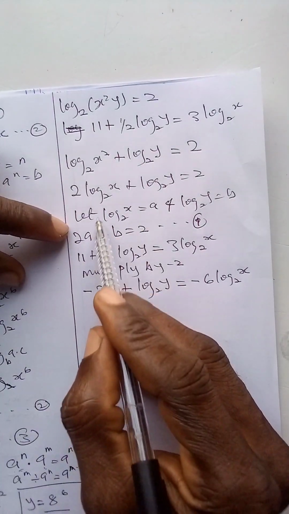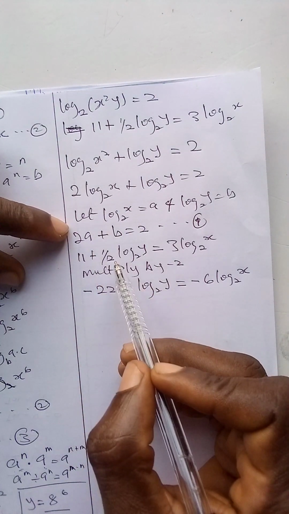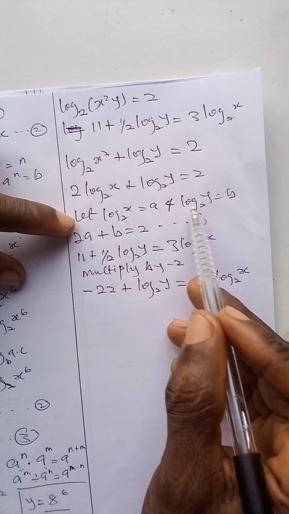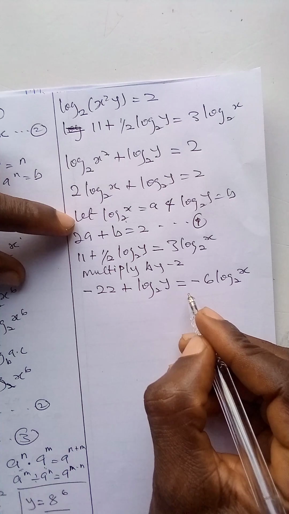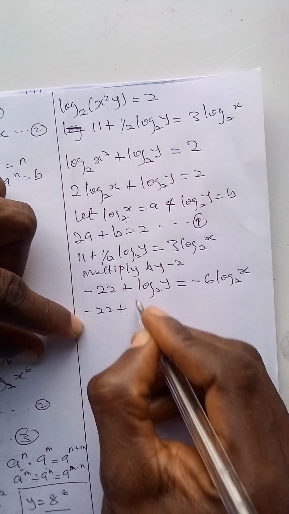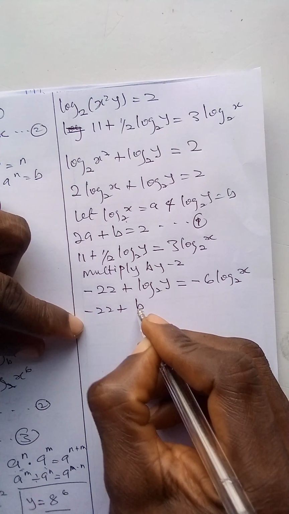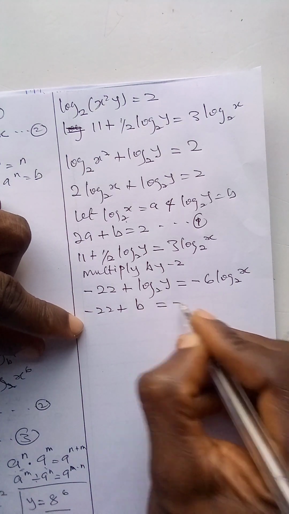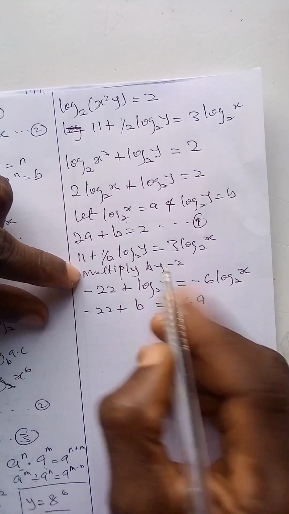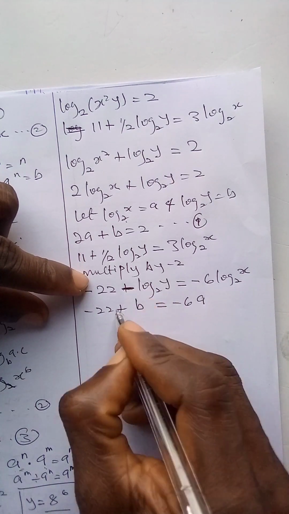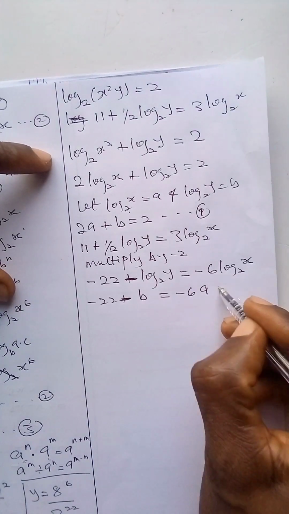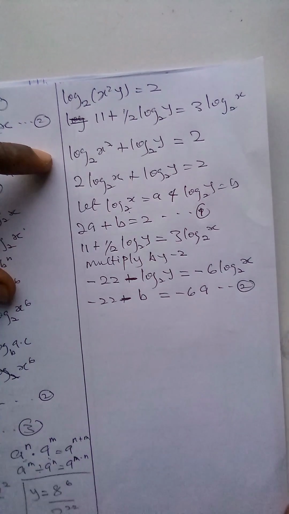Now, let us remember our substitution. We assume that log to base 2 of x is a and log to base 2 of y is b. So I will put the substitutions here. So minus 22 plus, here is now b, is equal to minus 6a. When we are multiplying by minus 2, this should be a minus sign, and this also should be a minus sign. Now, this is our equation 2, or another version of equation 2.